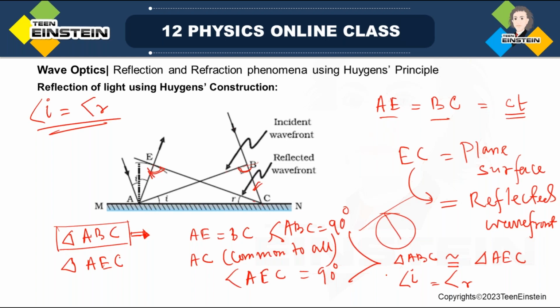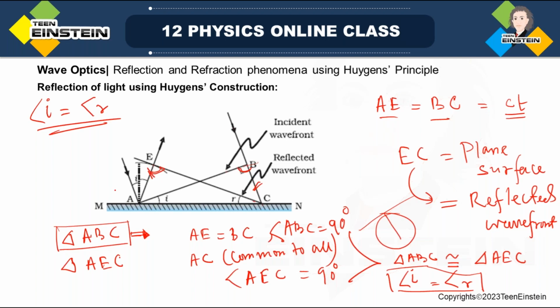So this is what we mainly had to explain, whether the angle of incidence and the angle of reflection are the same or not. This is actually the law of reflection, and we had to verify it with wave theory.